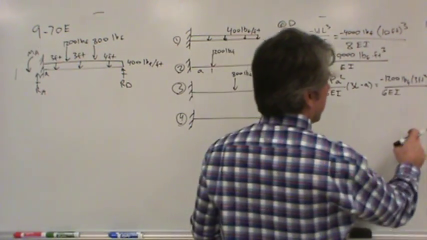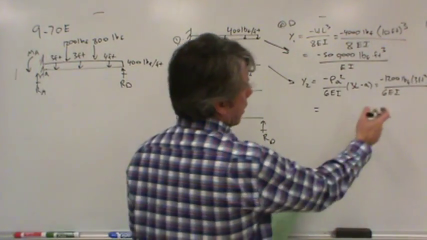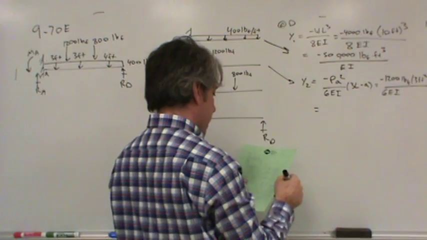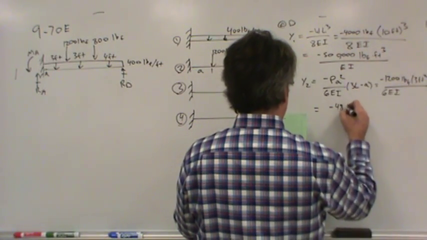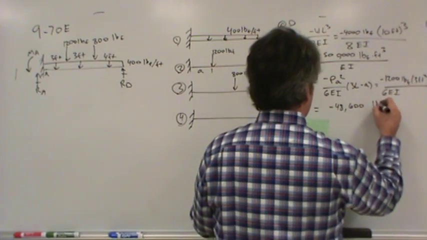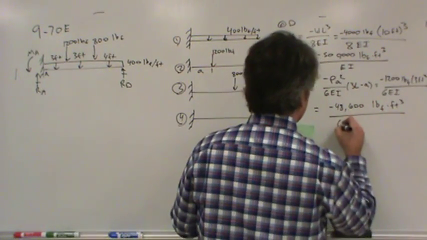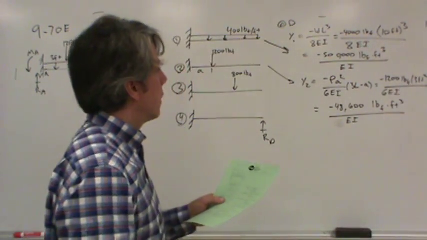Well, we've got 3 times 10 is 30, minus 3 is 27. Anyway, plug all the numbers, the 1200, the 3, the 27, and the 6 in your calculator. You should find that this one's negative 48,600 pound force feet cubed over EI. Okay?